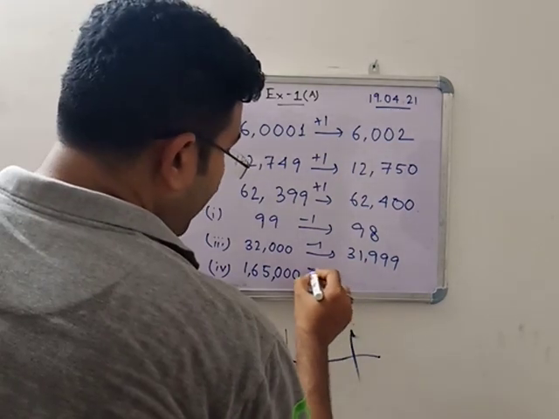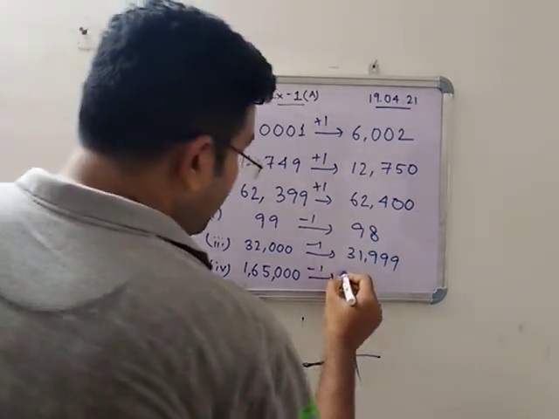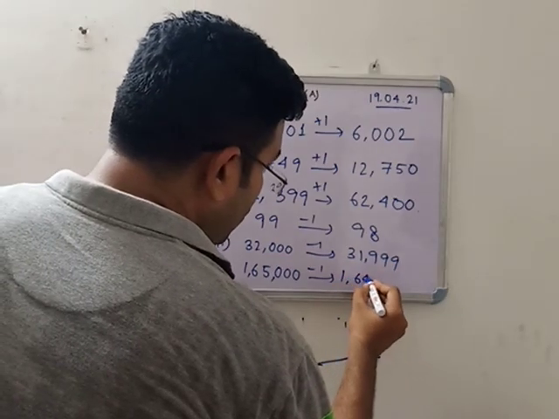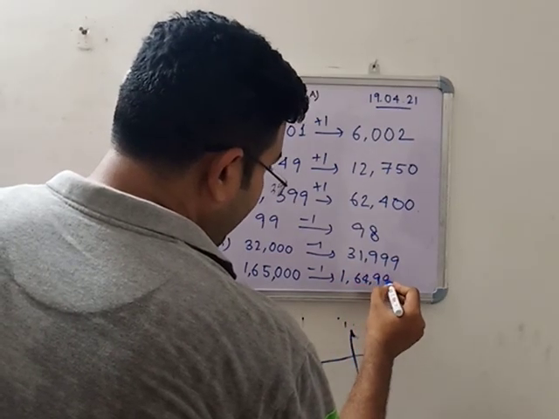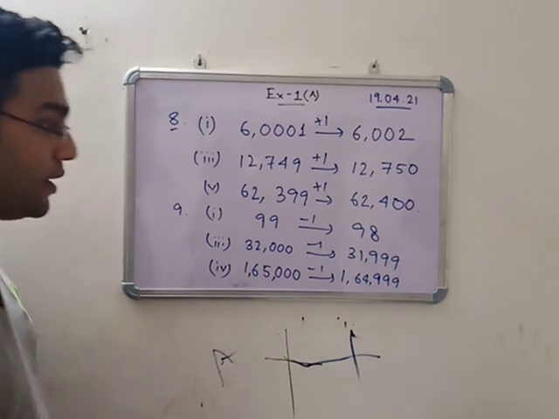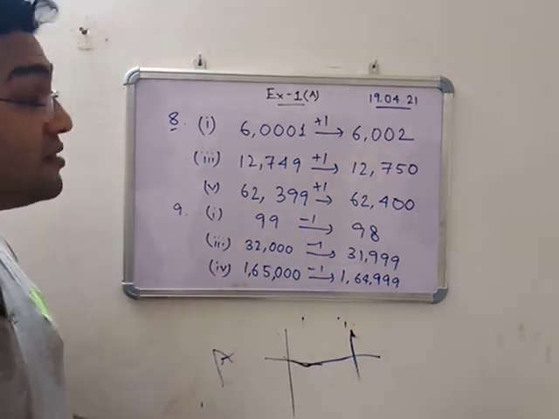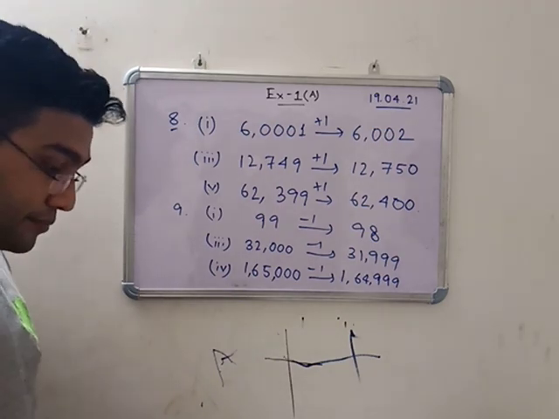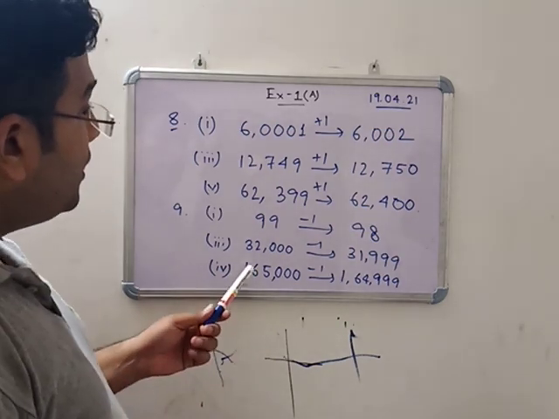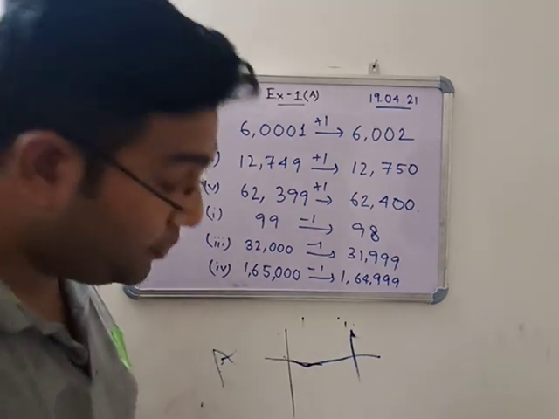We have to minus 1. That means 164,999. Okay, so predecessor means minus 1 and successor means plus 1. Now pause the video, note it down.